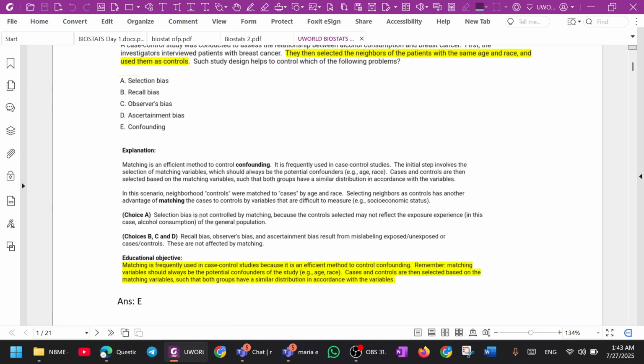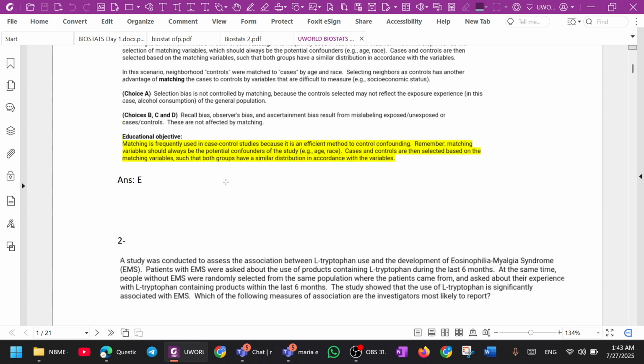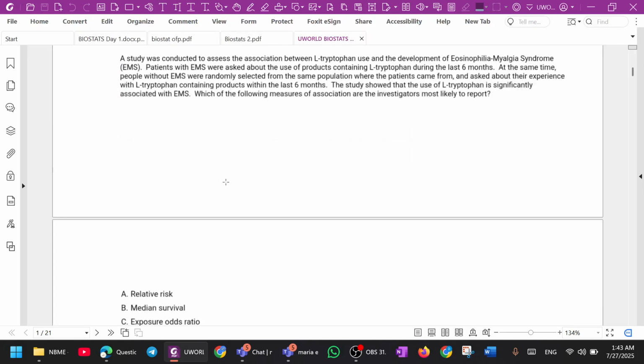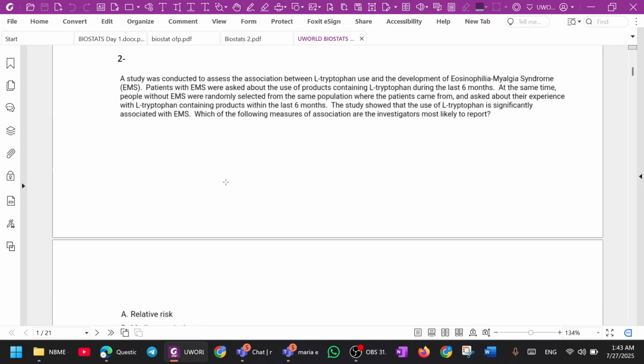So the answer is E. Okay, next. Where are the answer choices? Right here. A study was conducted to assess the association between L-tryptophan use and the development of eosinophilia myalgia syndrome. Patients with EMS were asked about the use of products containing L-tryptophan during the last 6 months.